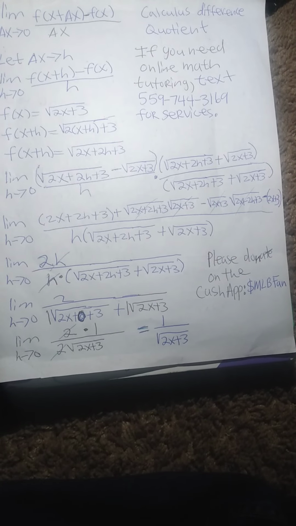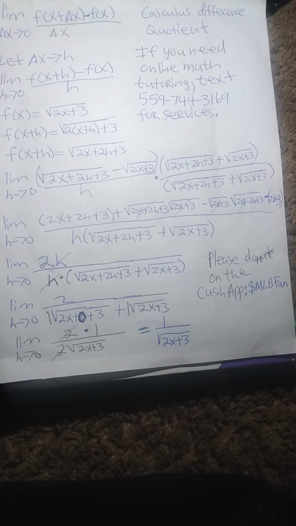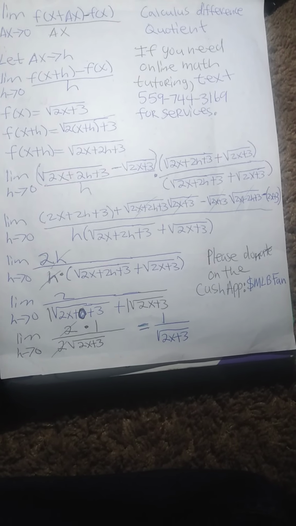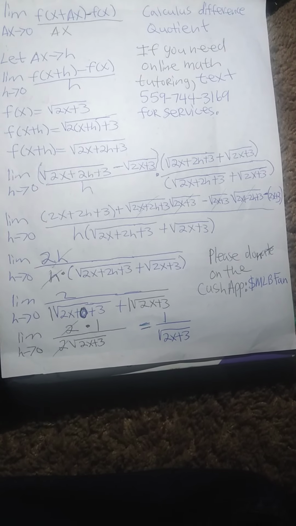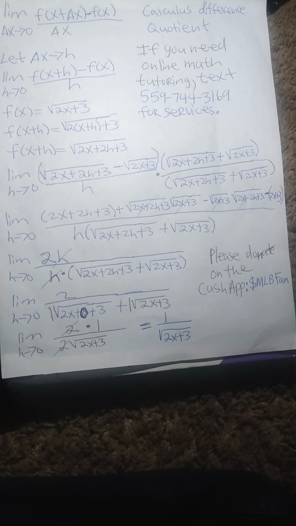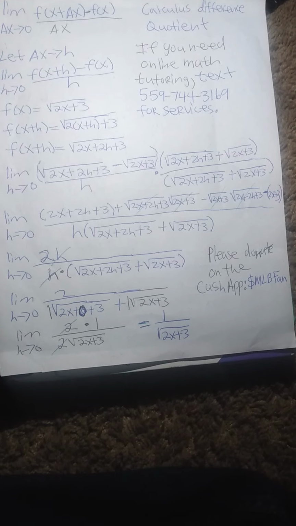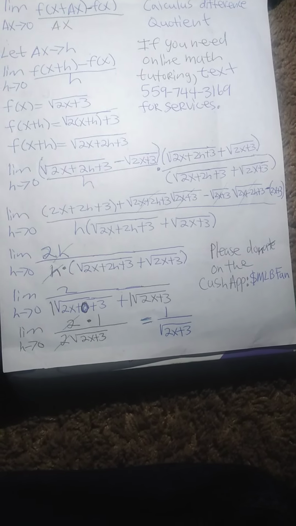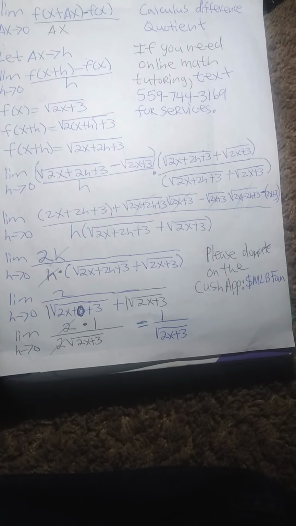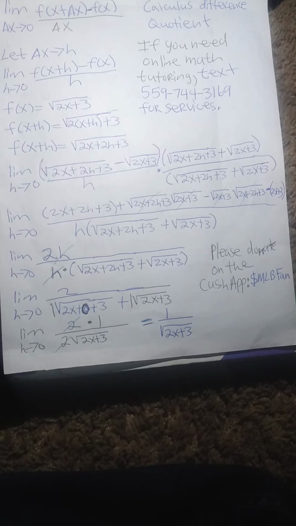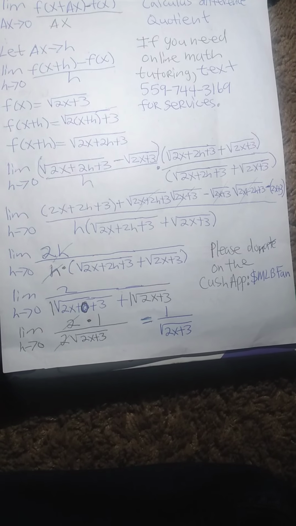Now the square root of 2x plus 0 plus 3 breaks down to the square root of 2x plus 3, and now we have identical square roots, so we place a 1 in front of the roots and add them together, to obtain the limit as h goes to 0 of 2 divided by 2 multiplied by the square root of 2x plus 3.